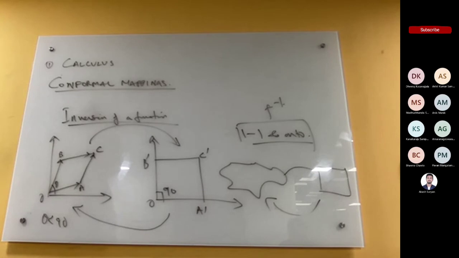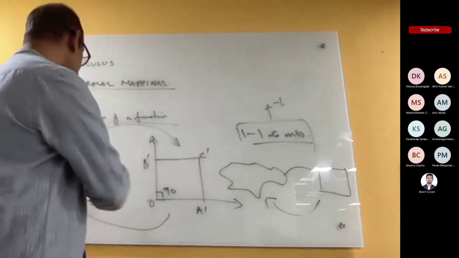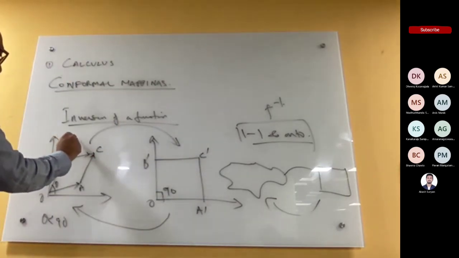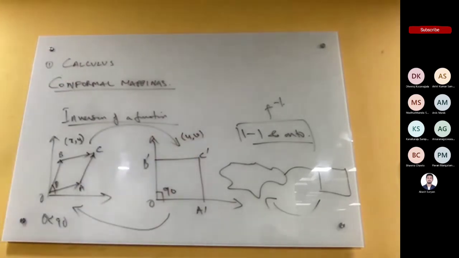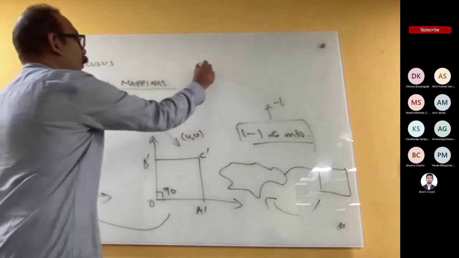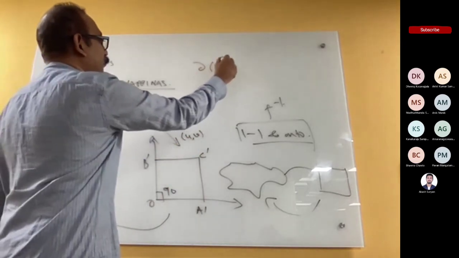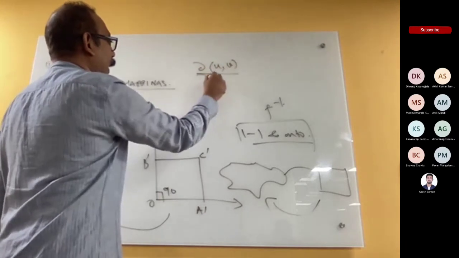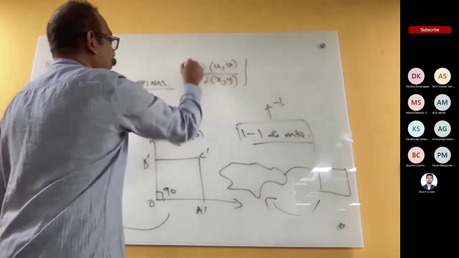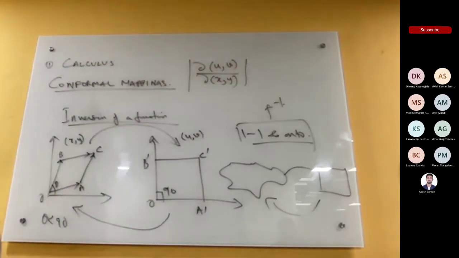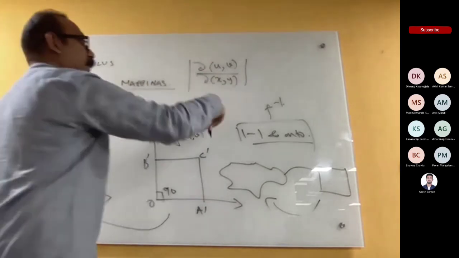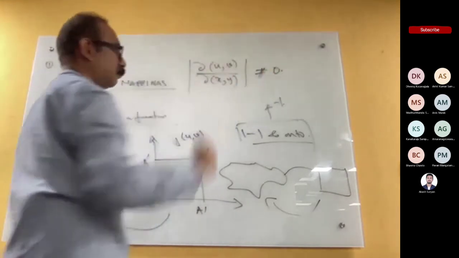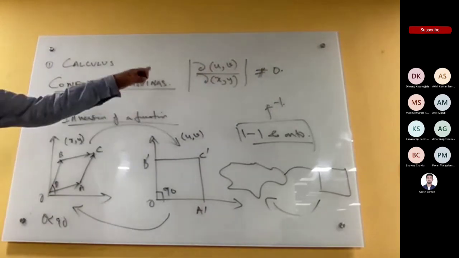The local invertibility just means that, see, if this is the XY plane, and let us say this is the UV plane that you are mapping into, then the determinant of the partial derivatives of UV with respect to XY, which in this case becomes a Jacobian because you have got multiple partial derivatives, if it is not equal to 0, then it is called locally invertible.